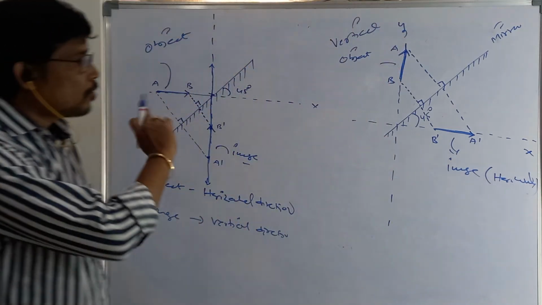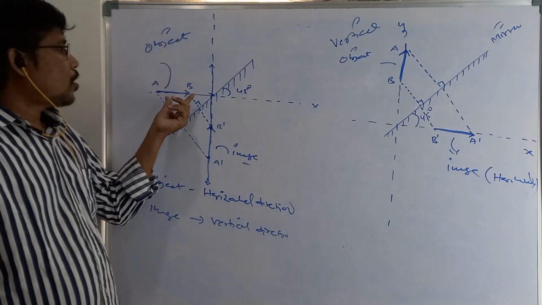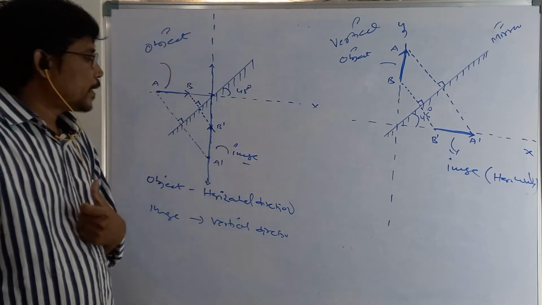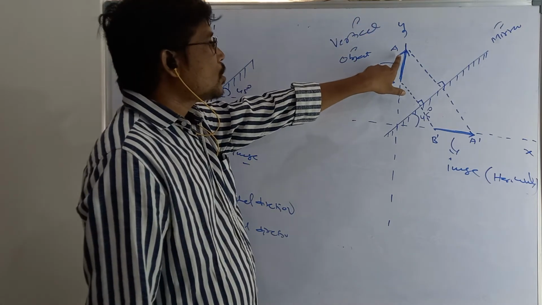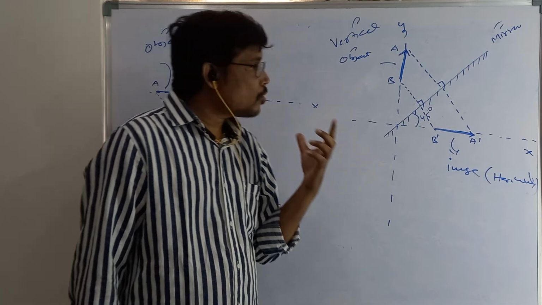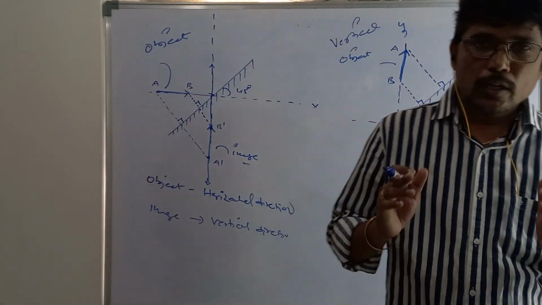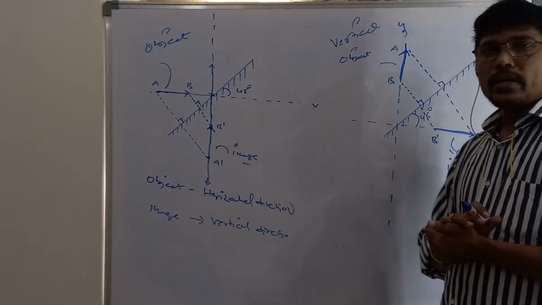So in both these cases you observed that when the object is horizontal, the image is vertical, and here the object is vertical, the image is horizontal. So now you understand how the image is formed for a particular object in a plane mirror.